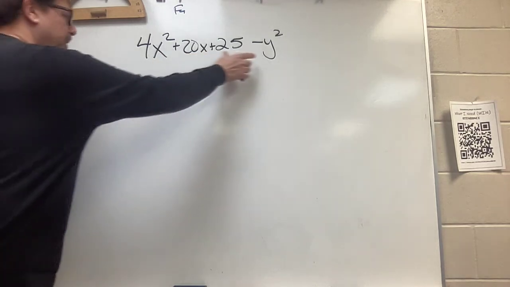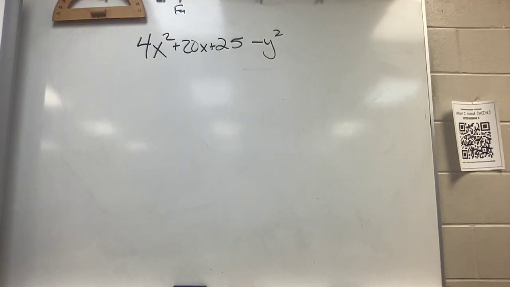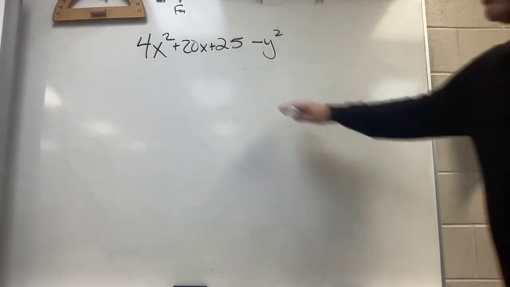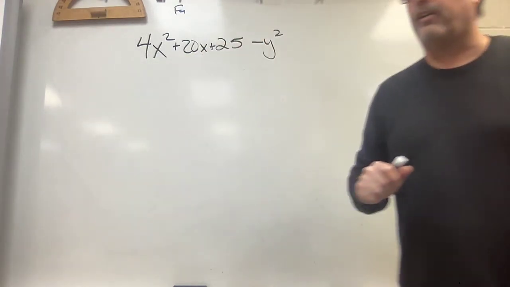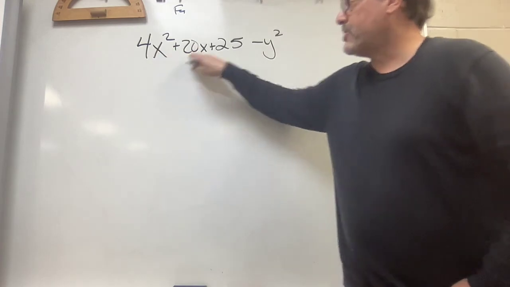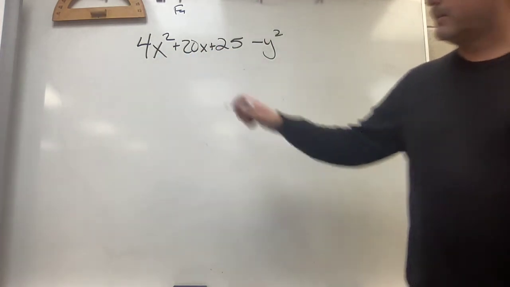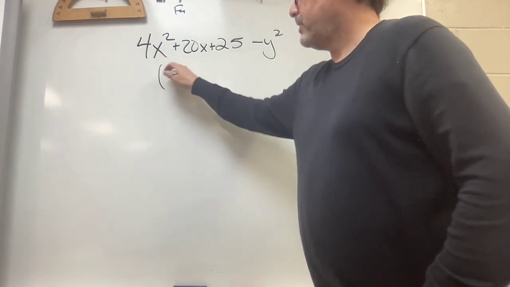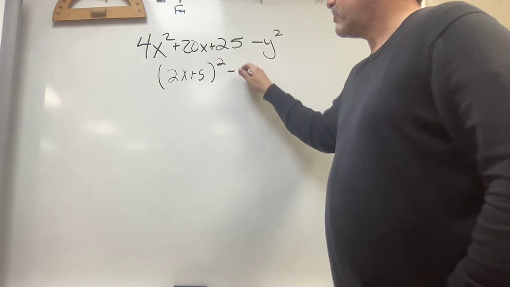And if you think of grouping them, that doesn't look like grouping. But then you look here and say, hey, maybe if I deal with these first 3, this trinomial, and deal with this later. So, did we moments ago factor that? Moments ago, yep. So I'm going to save time and I'm going to write 2x plus 5 squared minus y squared.